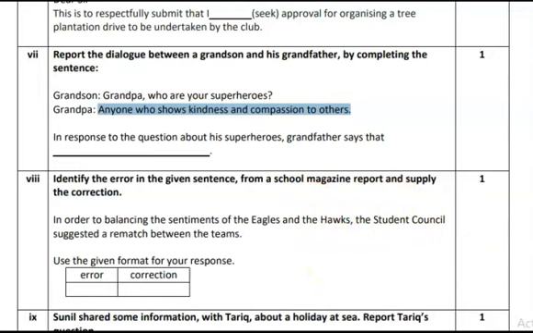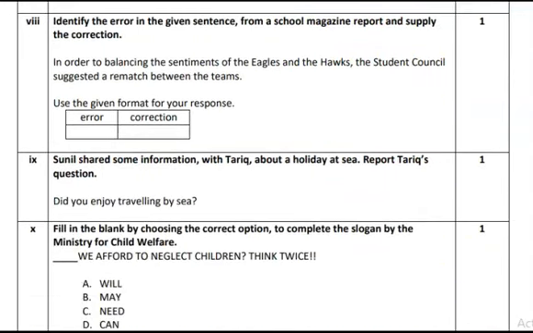Now, let me take you to question number 8. Question number 8 is again an error question: in order to balancing the sentiments of the Eagles and the Hawks, the student council suggested a rematch between the teams. So it's very easy. This "in order to" will be followed by a verb in the basic form. This word "balancing" is wrong. Why?